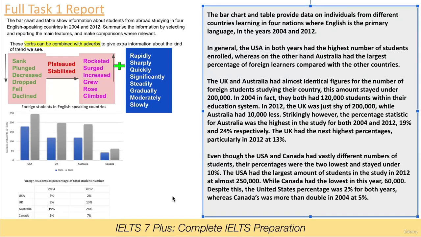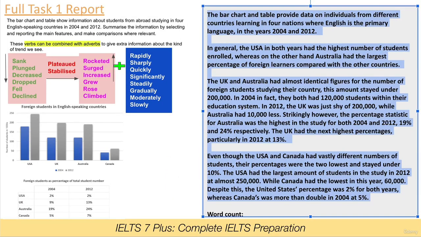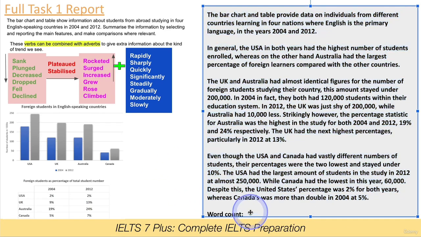Despite this, the United States percentage was 2% for both years, whereas Canada's was more than double in 2004 at 5%. Okay, I think that's good. Let's have a count of the words and see how we're doing for this one. Okay, then, so this was a bit smaller than the last one at 217 words.